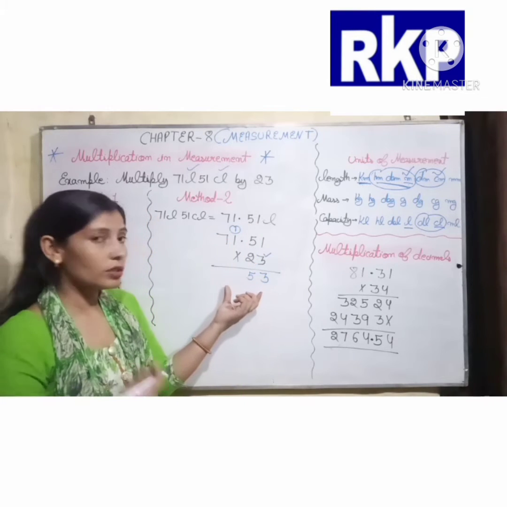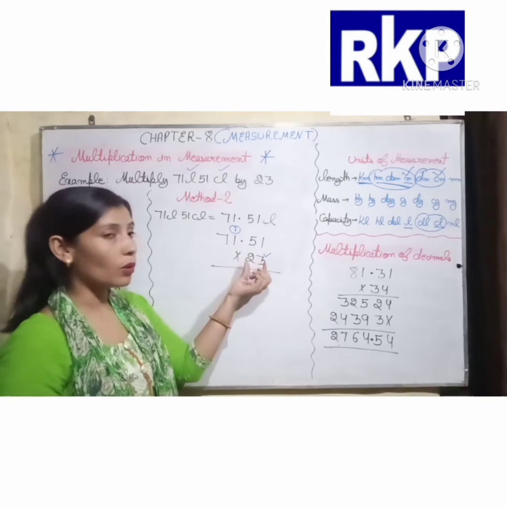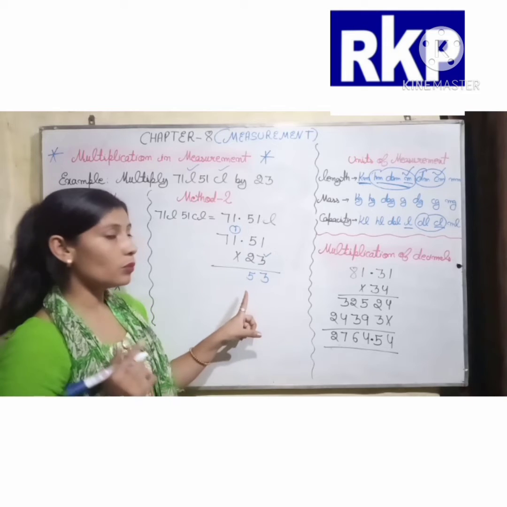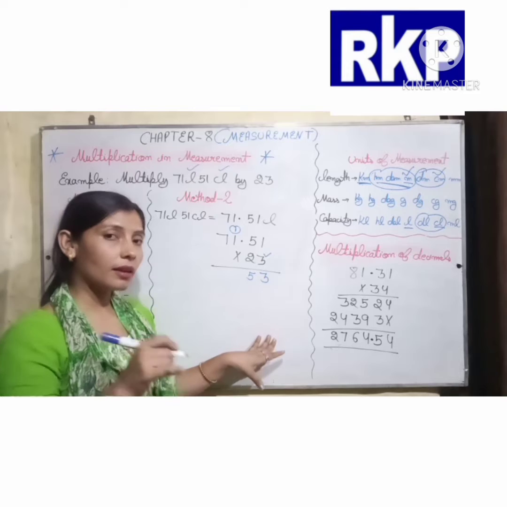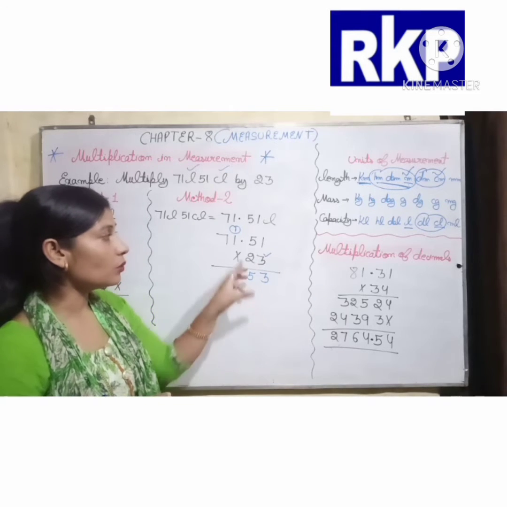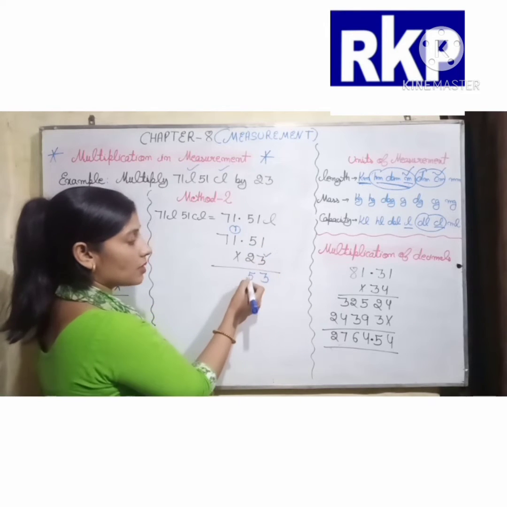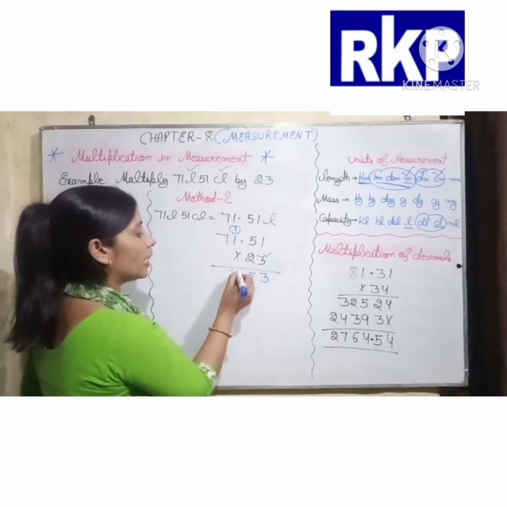And one more thing, students. When we multiply a decimal number with a whole number or with a decimal number, we need to forget the decimal point, but in the answer we will put the decimal point again. 3 ones are 3, 3 fives are 15, 1 will be carry, 3 ones are 3, 3 and 1 is 4.